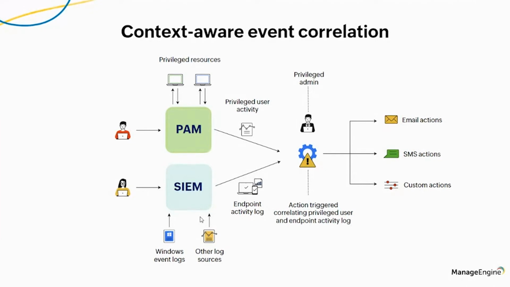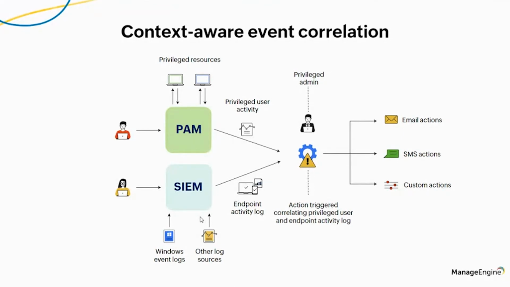The moment they log in, the event activity log will be sent to the SIEM solution. Log360 will get a message saying this user logged into this Windows machine using a highly privileged account. And Log360, to do its job, is going to forward this information to PAM. And PAM will realize, according to the rules, this credential is not supposed to be accessible by this user. But how come this user logged into that Windows machine? So that's where the problem is.